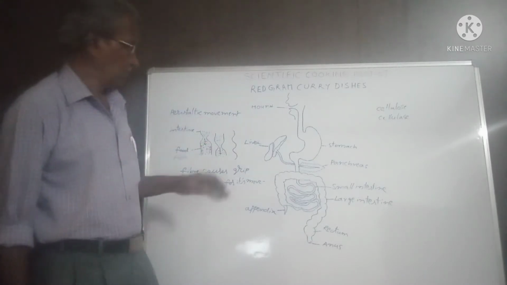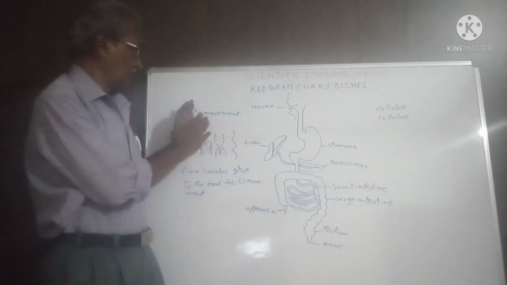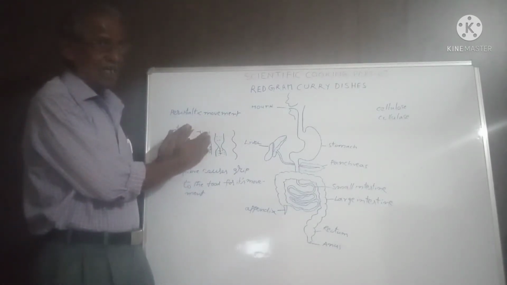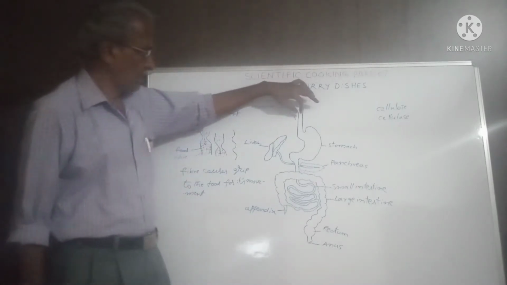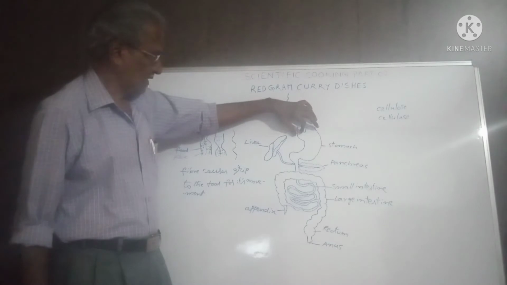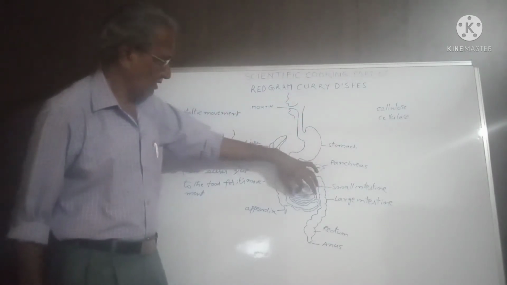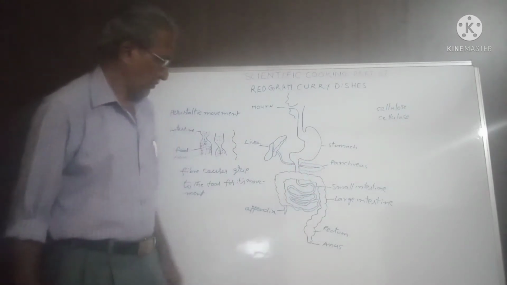Peristaltic movement means wave-like movement. Muscles contract and relax. In this process, wave-like movement occurs in the digestive tract or in the intestinal cavity.